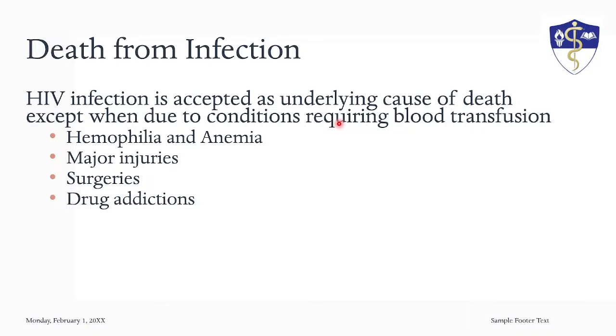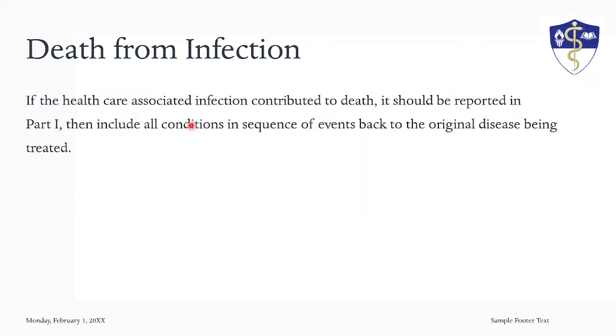There's an upcoming slide for major injuries, and an upcoming slide for therapeutic deaths, the therapeutic complications. So if the death of the patient is due to these, you write that on top, and then other significant conditions: HIV infection.